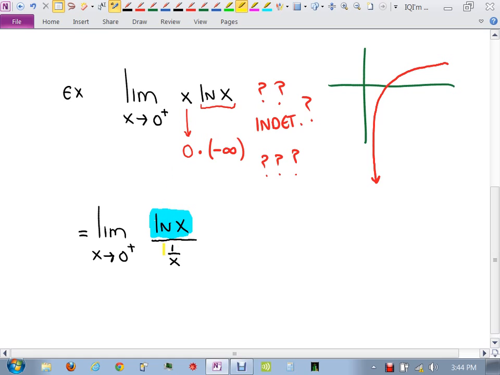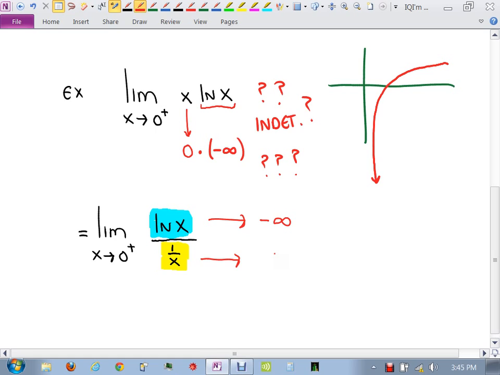So I would like for us to focus on the blue and yellow separately now and let x go to 0 again. If x goes to 0, where does the blue go? Negative infinity, right? Now focus on the yellow. You get 1 over what? 1 over 0, which goes to either infinity, negative infinity, or does not exist, right?